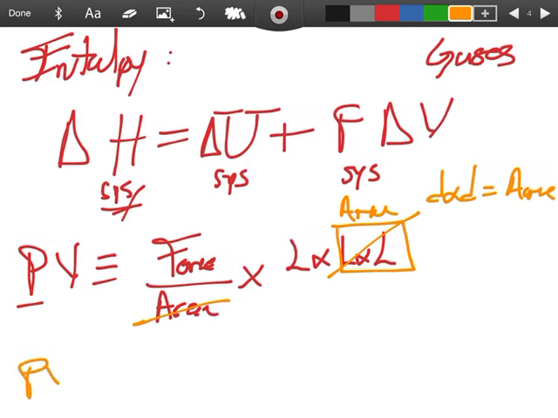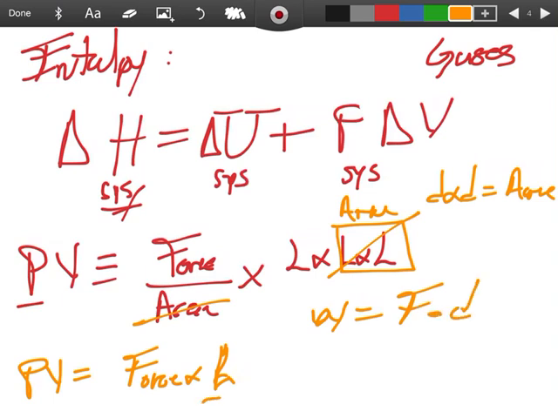So we can say that PV is the same as force times length. But if you remember your classes of Physics 1, work is the same as force times distance. And what is the length? It's another way in which I can call distance.